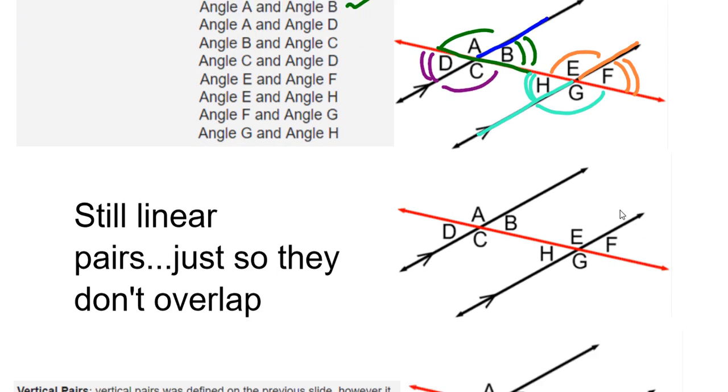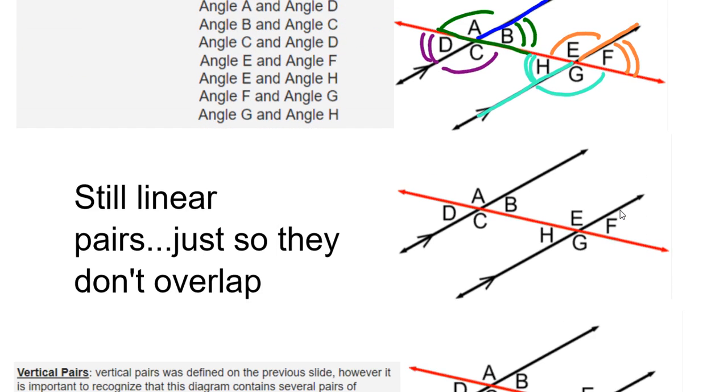Now there are also the opposite linear pairs. Up on the top example, we talked about A and B. Well, A is also a linear pair with D, because they share this side and they're made up of this straight line instead. Then we have B and C. They're made up of this straight line, and they share this red line as a side.